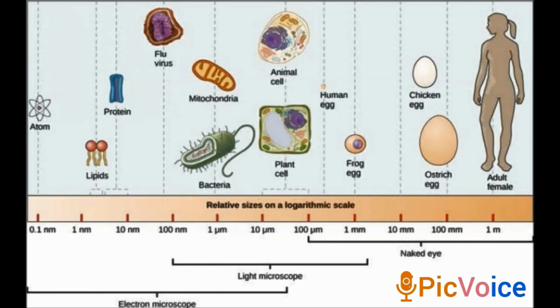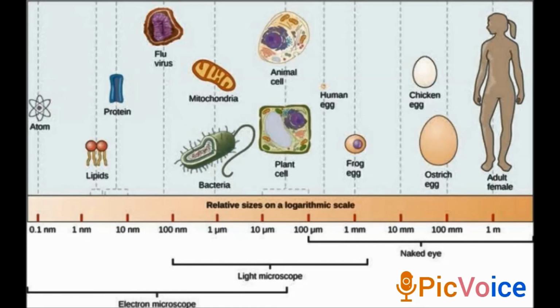So we need a magnifying instrument or a microscope to see a cell. Such types of cells are known as microscopic cells. Most of the cells are microscopic in nature.